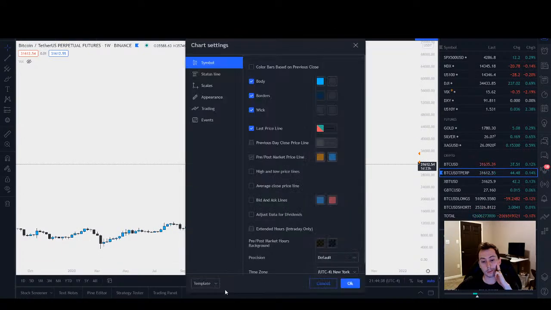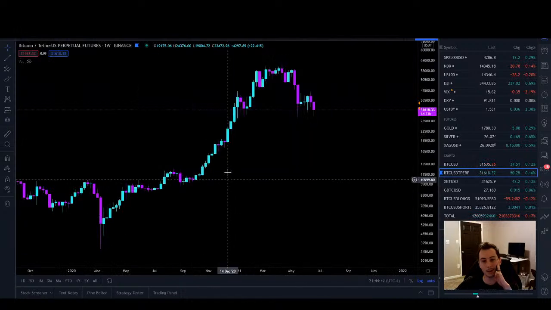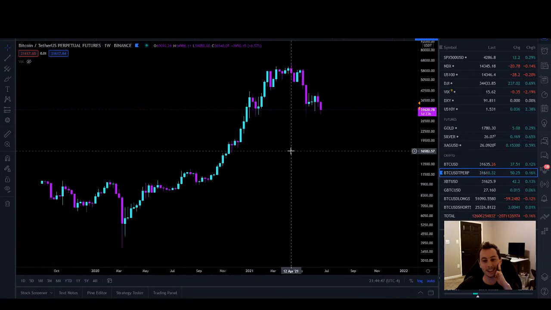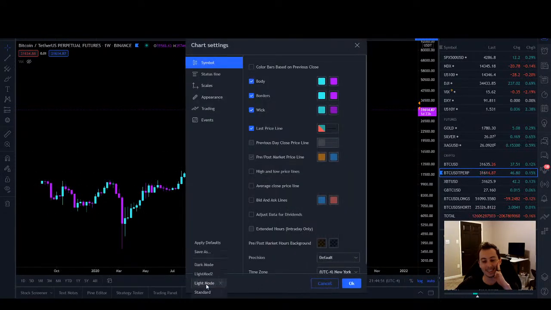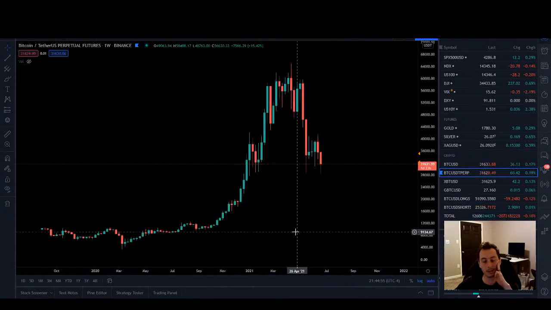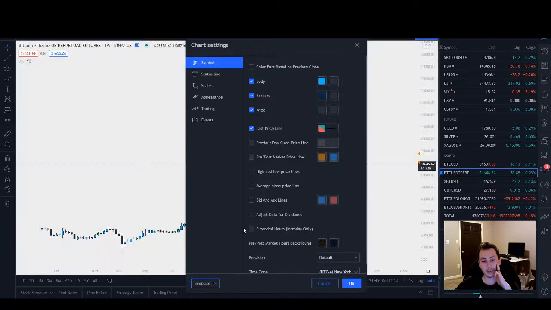The dark mode is kind of easier on the eyes. Oh, this is my cyberpunk layout template. Standard, let's look at standard for a second. No, I hate that. It's so ugly.